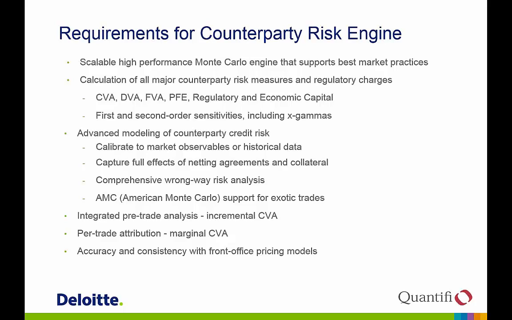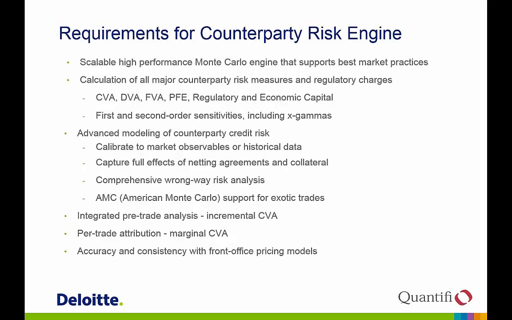This Monte Carlo should be able to calculate all major counterparty risk and regulatory charges. First of all, this component of XVA, PFE, which I already mentioned, regulatory and economic capital. Then it should be able to produce first and second order derivatives, including cross gammas.